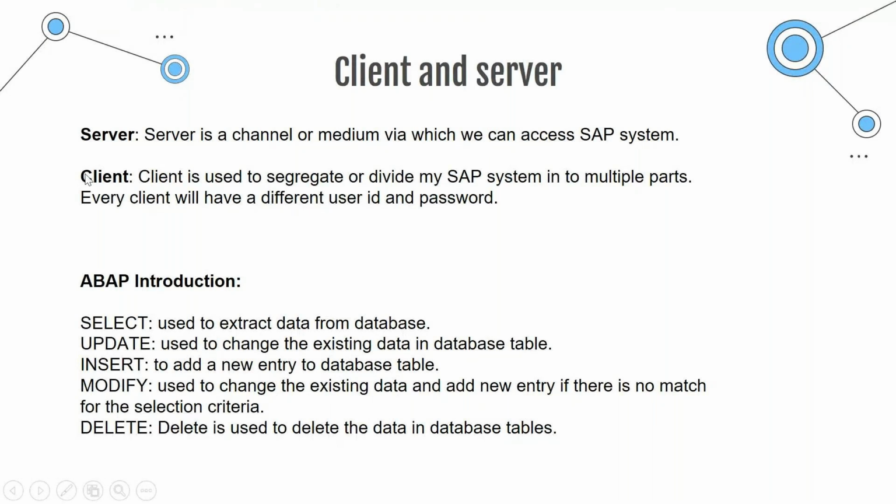Then next, client. Client is used to divide one single SAP system into multiple parts. One SAP system can be divided into different parts by using this client. Now why should I use this client? Imagine one scenario wherein yours is a global client and your client does business across the world in different continents.